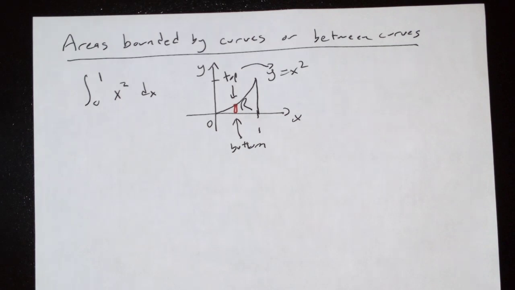Every horizontal line has the same equation. What is the equation for any horizontal line? Y equals a constant. What's the constant for the x-axis? What's the height? Y equals what here?